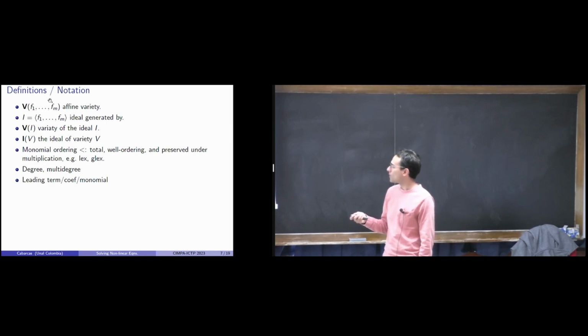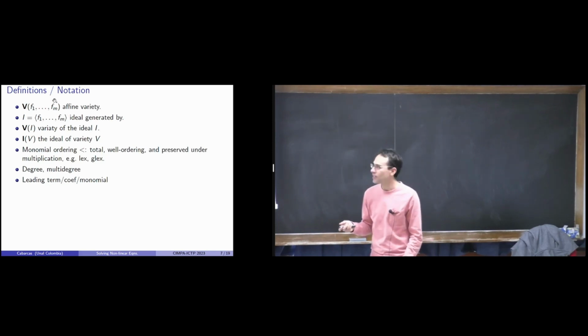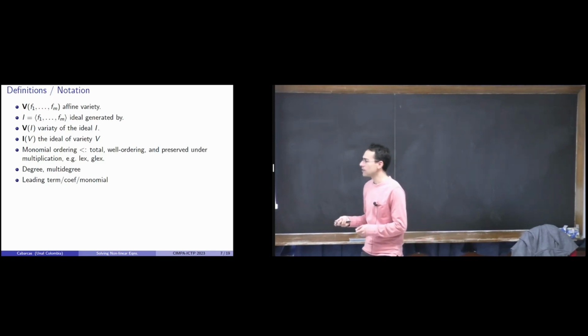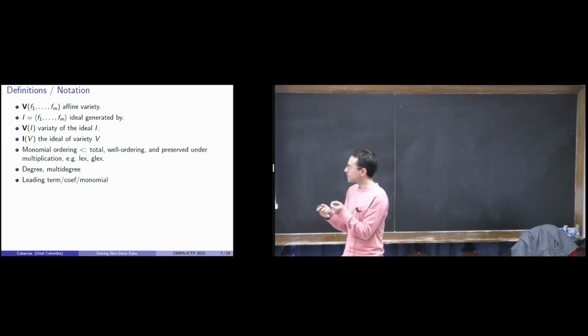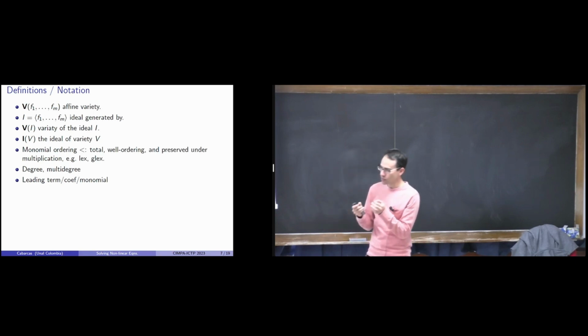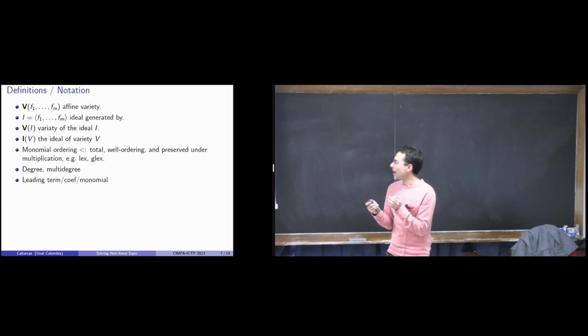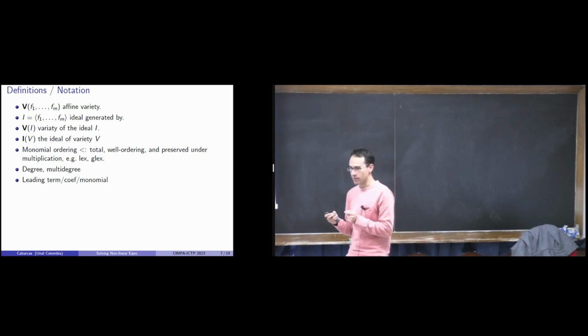V of F1 through Fm is the affine variety, which is the set of all solutions, the set of all tuples that satisfy the equations. Then the angle brackets I'm going to use for the ideal generated by F1 through Fm.